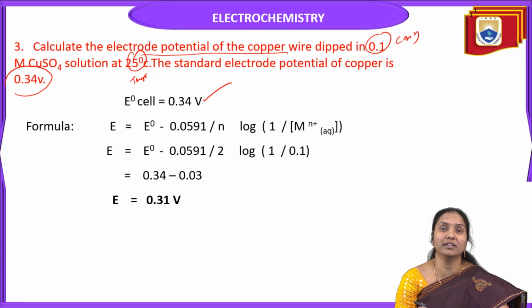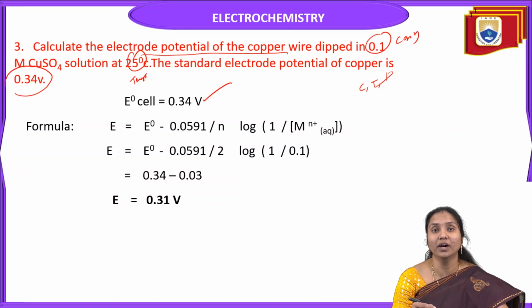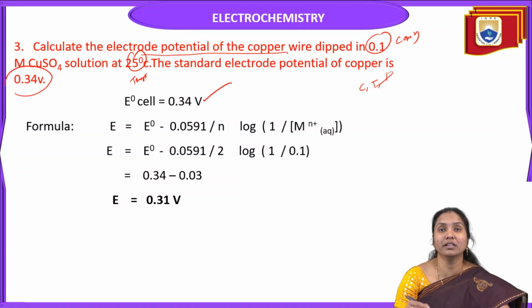Walter Nernst proposed a mathematical relationship between concentration, temperature and pressure, or concentration of H plus ions. That equation is known as the Nernst equation, and it helps to calculate electrode potentials.